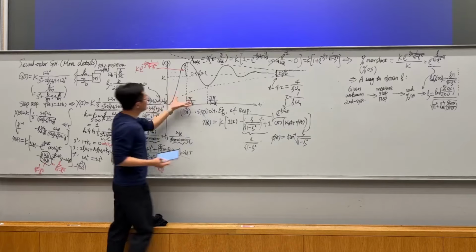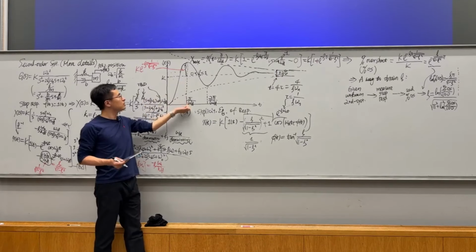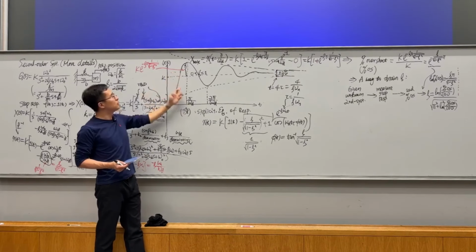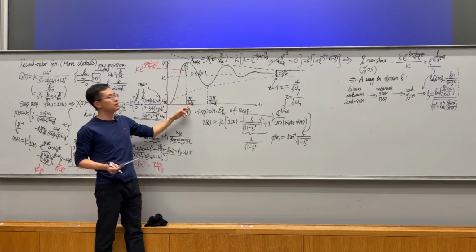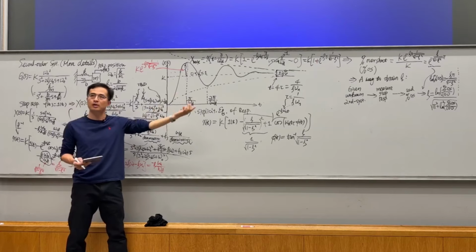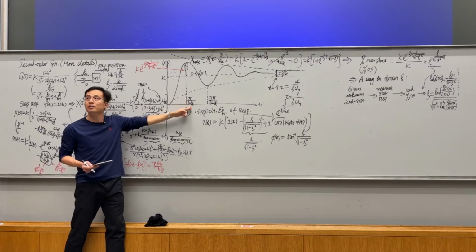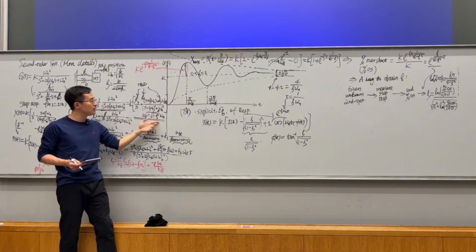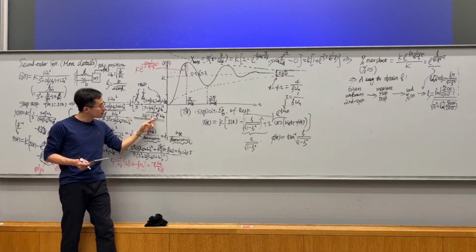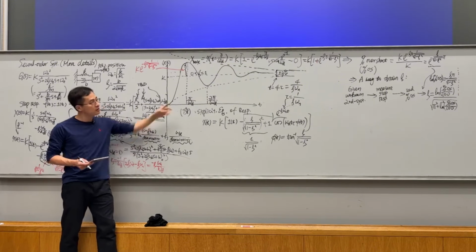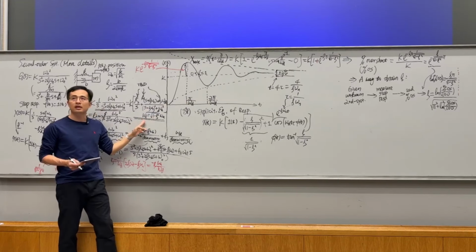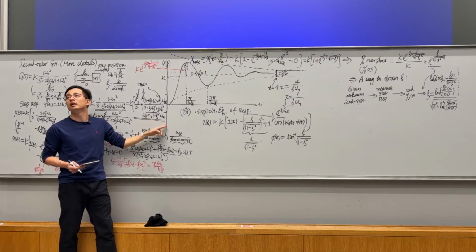Now in this graph, you can also do many things. Suppose someone gives you a graph. You can also measure the peak time, and from the peak time you can read omega d. If you know the damping ratio from that formula, and you know omega d, you can obtain omega n, the natural frequency.